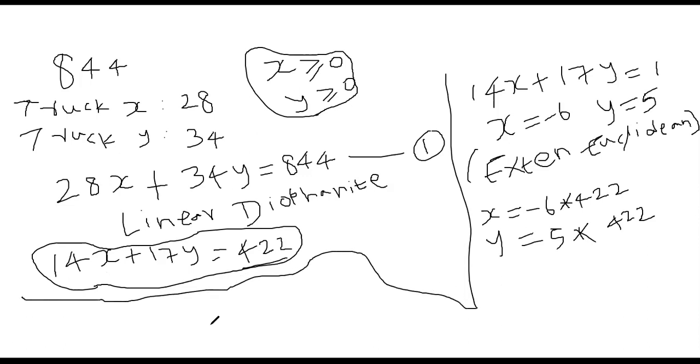The other solutions are this: x is equal to minus 6 times 422, exactly the one that I wrote for you, plus some number n, we don't know what n is at this point, I will explain that, times 17. Basically you take the coefficient attached to y and plug it in.